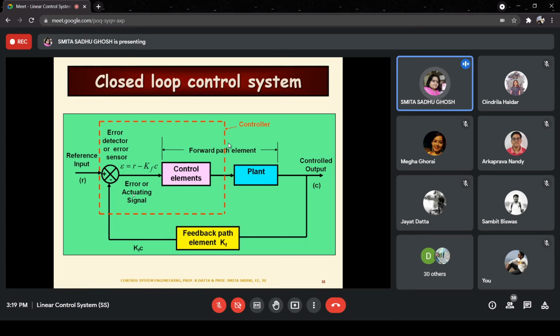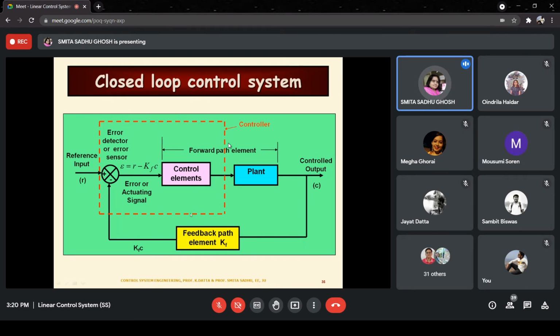Whatever, it is not exactly the error, but it is the actuating signal. Why is it called an actuating signal? Because ultimately this signal is going to go to the control elements, which will generate the signal which is going to actuate the plant. Actuate the plant means it's going to bring about some change in the plant itself, such that some response is obtained. Some change in the behavior of the plant, I mean.